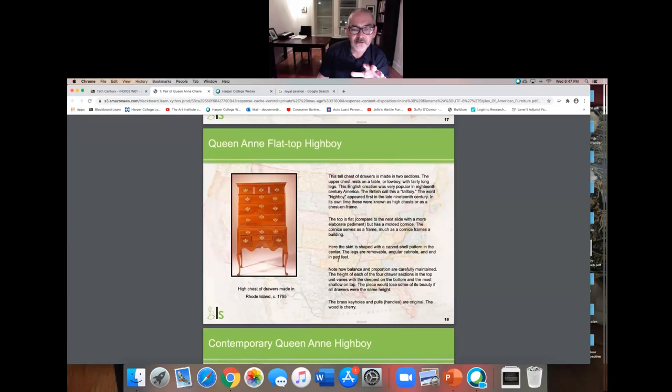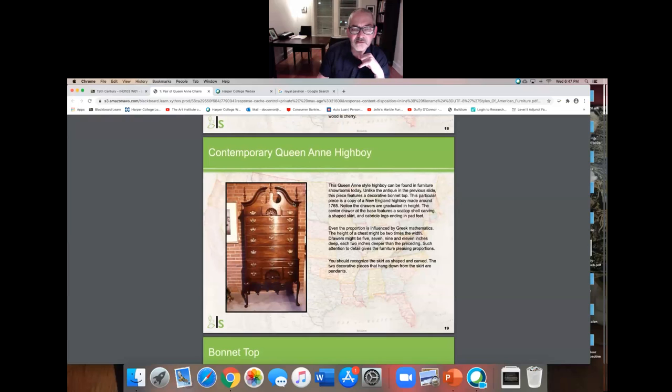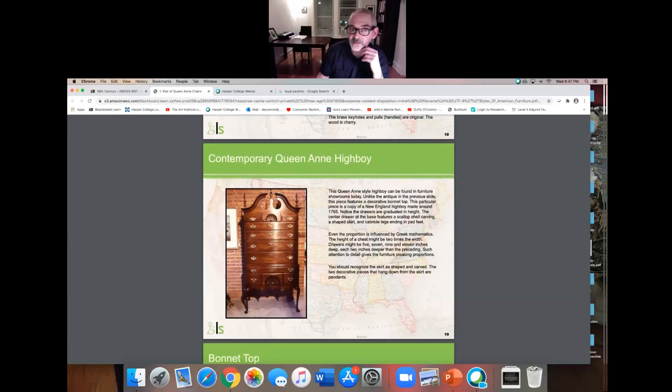Got the cabriole leg, and here the highboy with this broken pediment. This is really from the Renaissance. The broken pediment with the urn finial up at the top here. It's kind of exaggerated, but you can see it still has that imitation of the classical entablature that goes way back to the Greek temples.